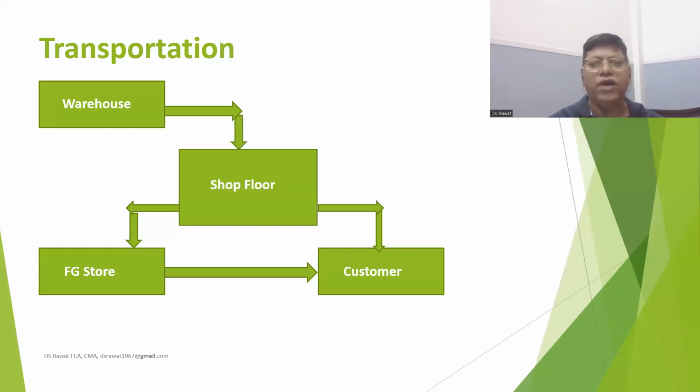And in some cases also, I have seen in the FMCG companies that the finished goods warehouse, which is within the company, goes to the mother warehouse. And from there, it goes to the customer. And before going to the customer, it goes to the wholesaler, to retailer, and then customer. Then these are the movements.